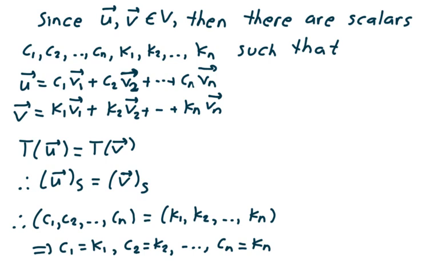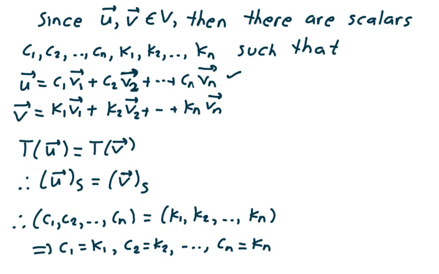Since u and v belong to V, there are scalars c1 through cn and k1 through kn such that u equals c1v1 plus c2v2 plus all the way through cnvn. Also, v is equal to k1v1 plus k2v2 plus all the way through knvn.